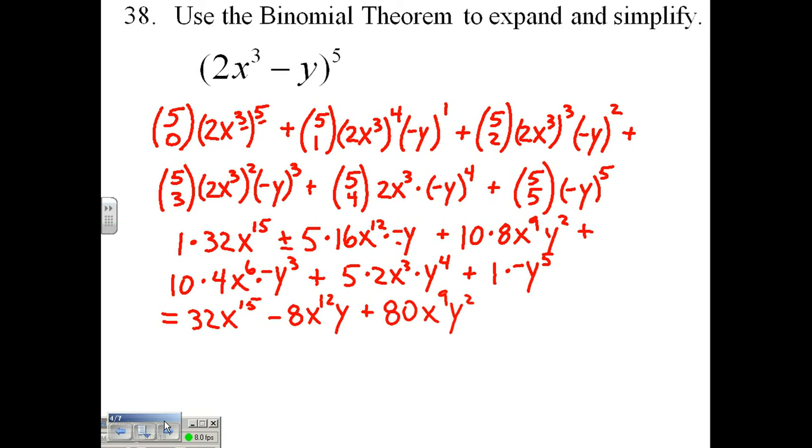My next term starts out positive, but ultimately gets multiplied by a negative. So you see, we toggle back and forth between plus and minuses here. I get 10 times 4, 40, x to the sixth, and y to the third. My following term, plus 10, x to the third, y to the fourth.